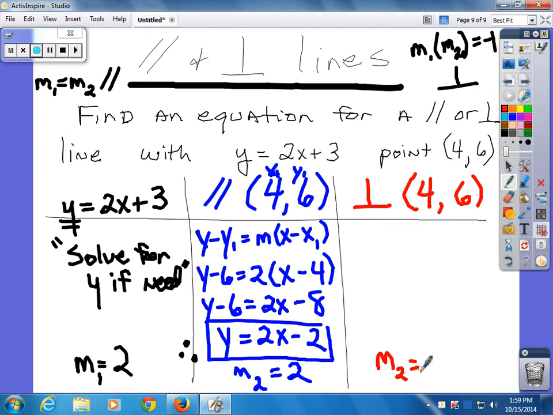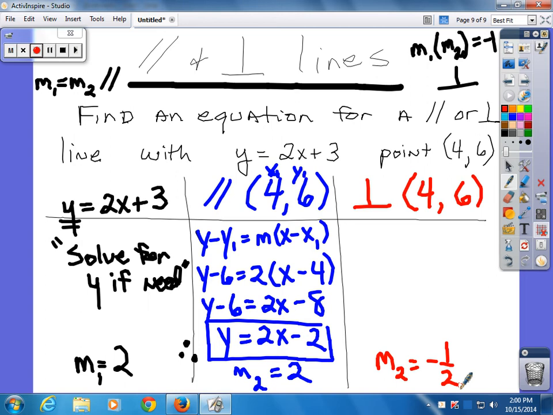So that means it's got to be the opposite sign and the reciprocal. So what's the opposite sign and reciprocal of 2? Negative. Reciprocal of 2 is 1 over 2. So that'd be negative 1/2.